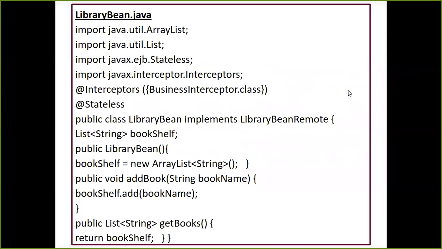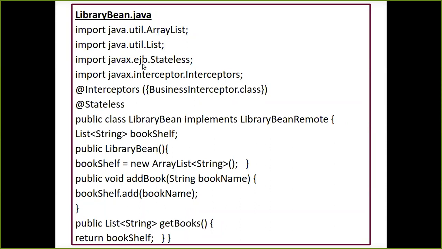Now, we have learned about the first file. In the first file, we created two methods inside an interface, and we have not written any implementation because by rule it does not have any implementation. We'll be calling those methods in the file we are creating with the name LibraryBean.java. Again, we'll have a util.* import because we need ArrayList and List.